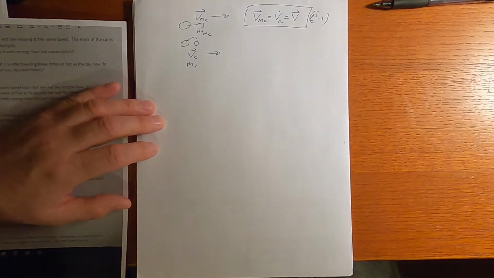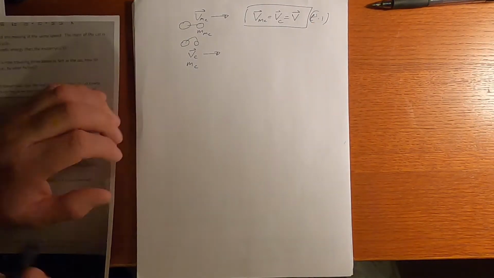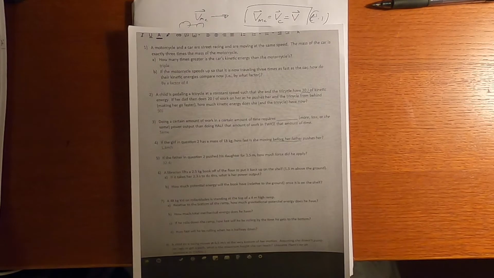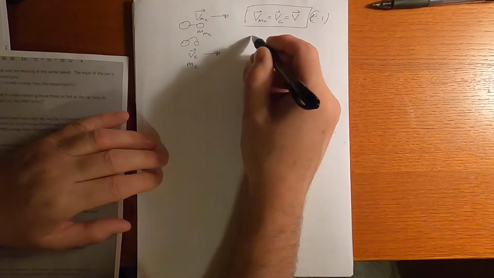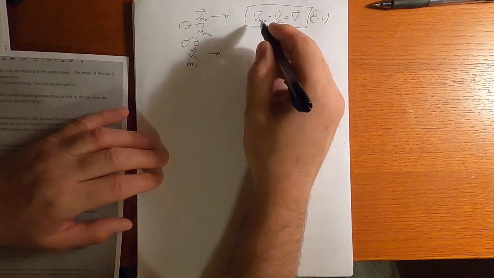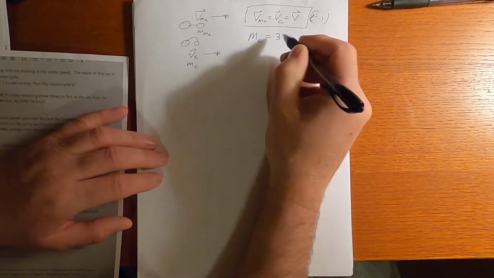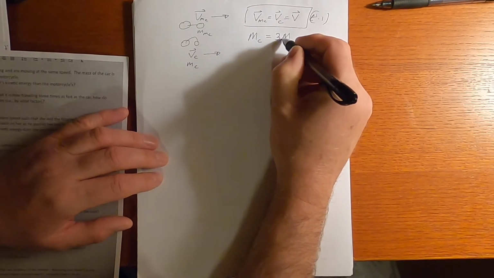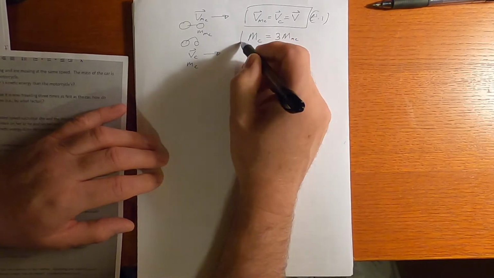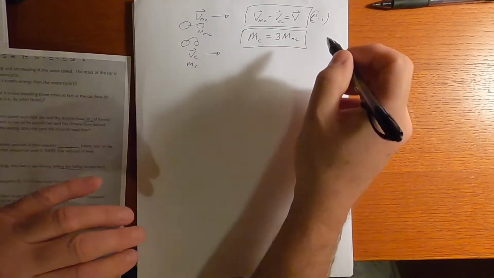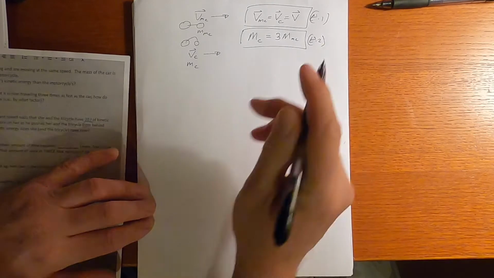The other thing they say is the mass of the car is exactly 3 times the mass of the motorcycle. So I get the mass of the car is exactly 3 times the mass of the motorcycle, with my sub-specifiers. Equation 2.